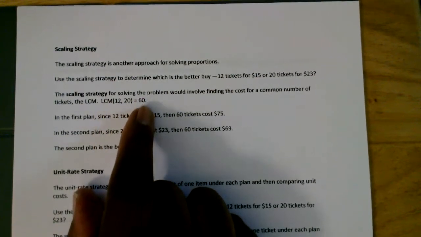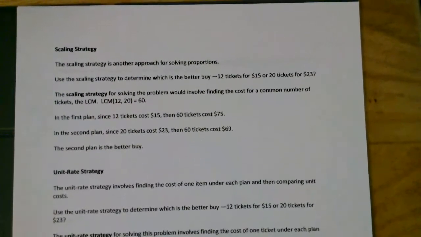And in this case, it's going to be 60. There are strategies for finding the least common multiple. You can use prime factorization. You can list all the multiples of 12 and the multiples of 20. You're going to find that 60 is the smallest multiple for 12 and 20.